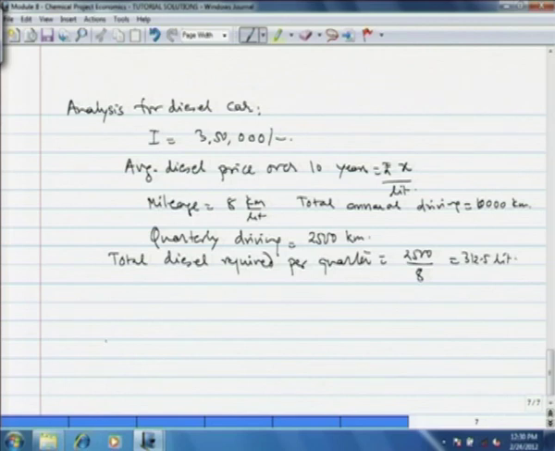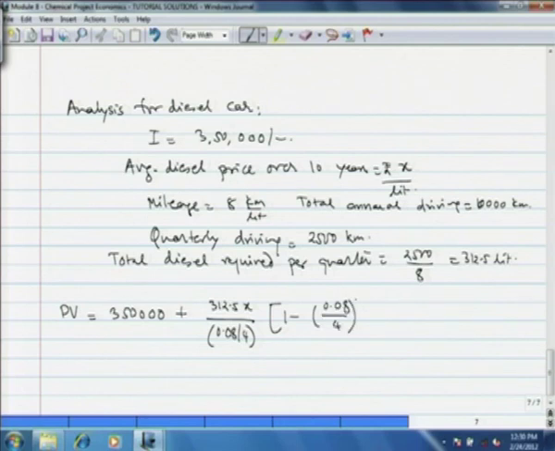And then the net present value of the diesel car will be the initial cost 3,50,000 plus 312.5 into X, that is quarterly price of diesel, divided by 0.08 by 4, that is quarterly interest rate, into 1 minus 0.08 divided by 4 raised to minus 40.